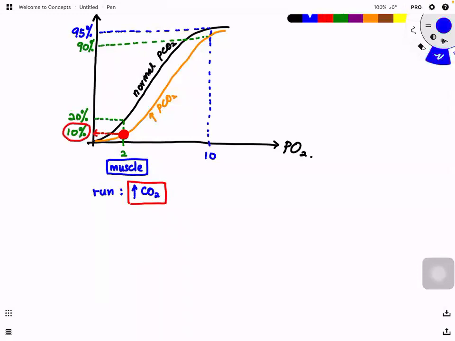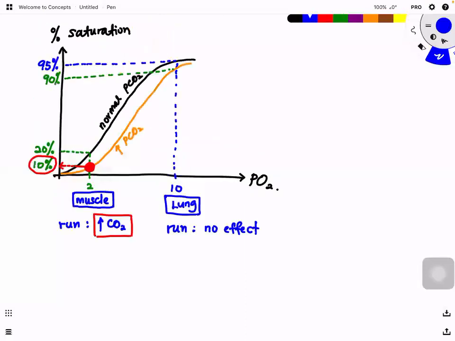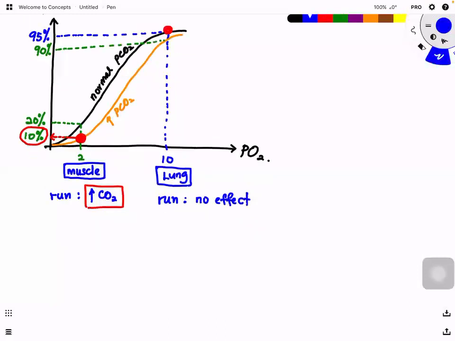But in the lung, even though you run, no effect, because the lung won't contract. It won't actually be pumping hard. And in fact, when running, you increase the breathing rate. You bring more oxygen in. So which part of the graph do you have to read? You have to read it here, because in the lung there's no effect. So the partial pressure of CO2 is actually low or normal, because we release the CO2.